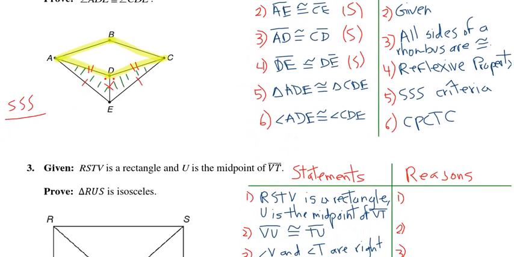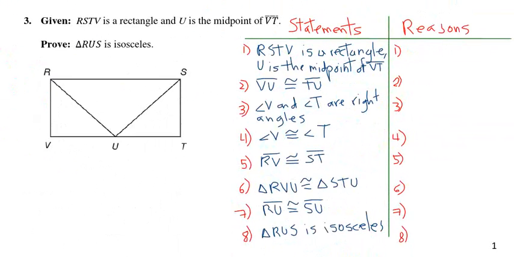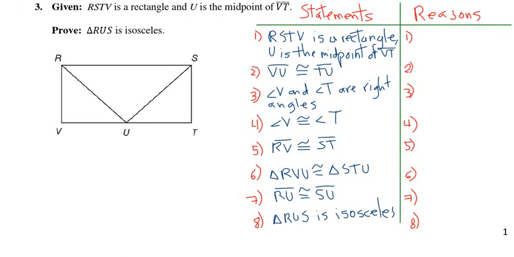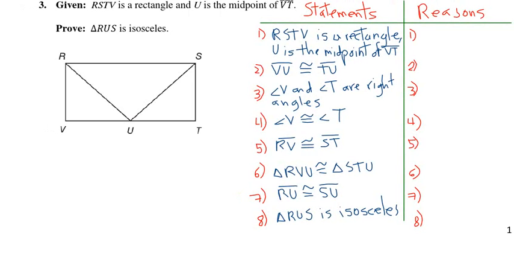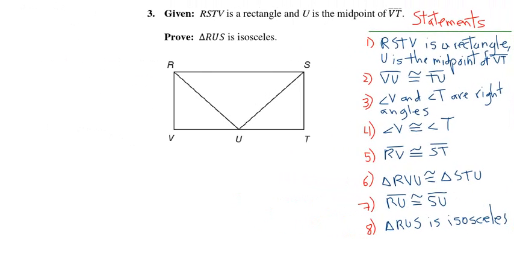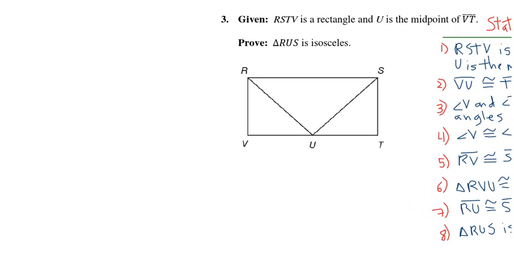Number 3, it's partially done, again, because otherwise it will take me a long time. And let's see what we have here. It says RSTV is a rectangle, and U is the midpoint of VT.